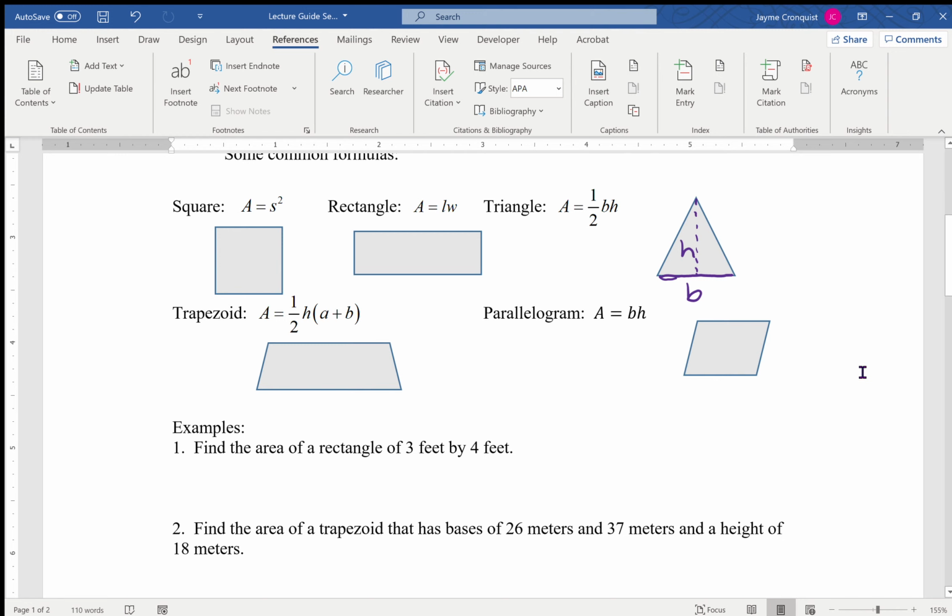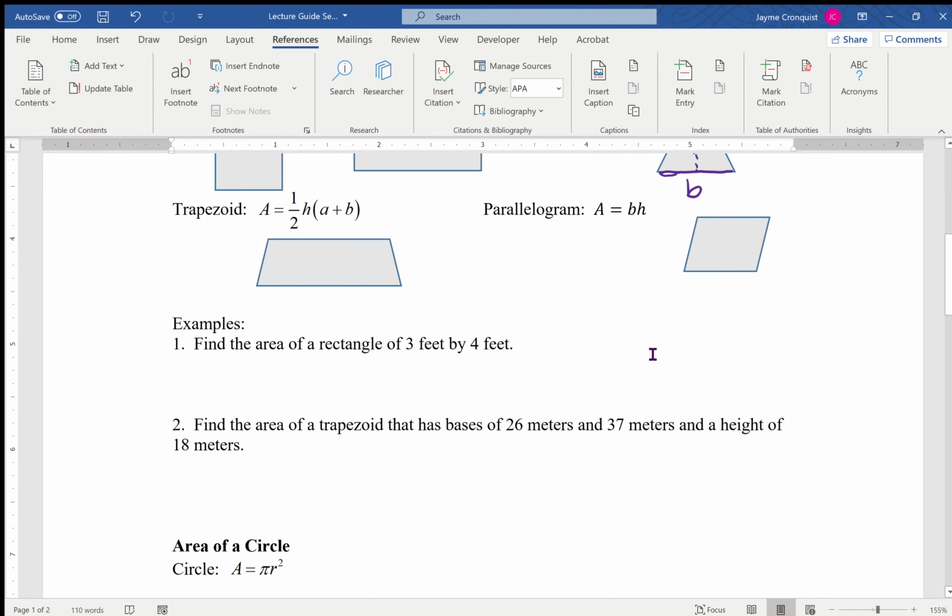All right. A trapezoid. This is the one where they have the two slanted sides. It's basically a rectangle with one side being the average of the two bases that are different. If I took this little triangle off, flipped it upside down, and shifted it over here, I would actually have a rectangle.